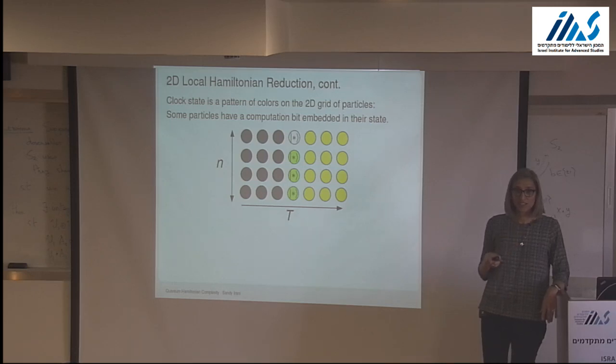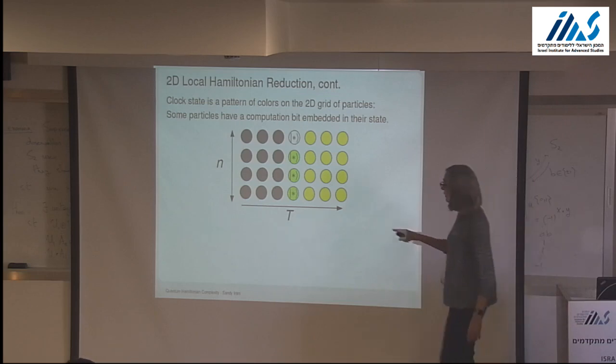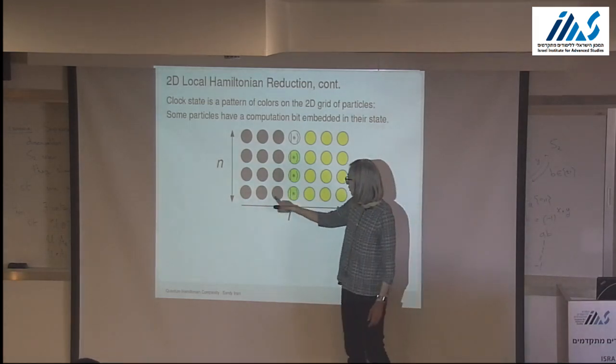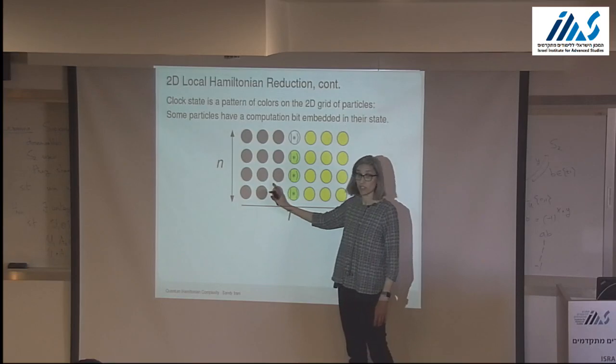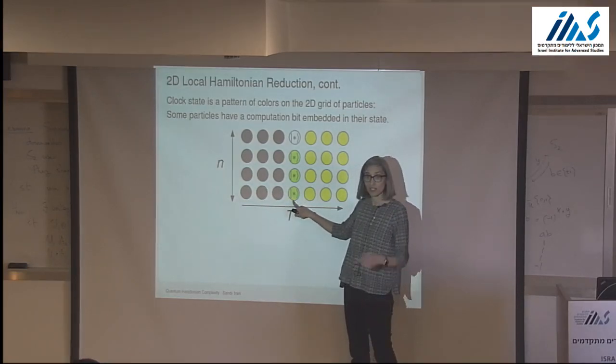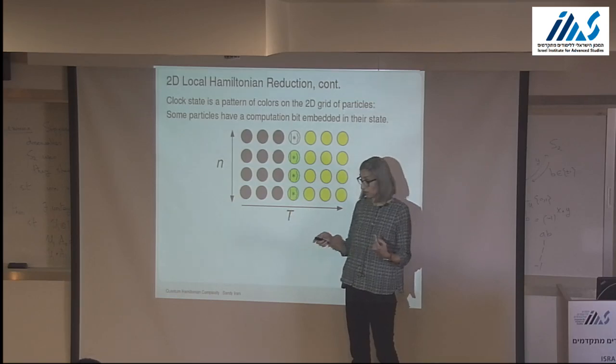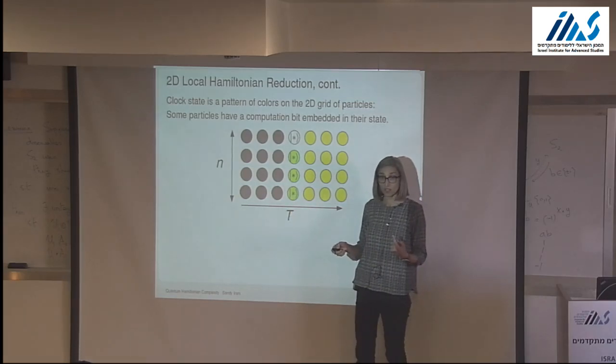Well, I don't completely understand what we did here with the colors. We added qubits that have only clock bits on them. Like additional qubits. So this particular particle here happens to be in a state right now that doesn't encode a computational bit. Earlier, it might have been in this green state and encoded a qubit. But we still have all the qubits encoding computations entangled with clock states.